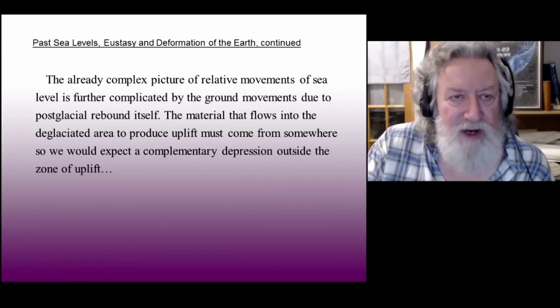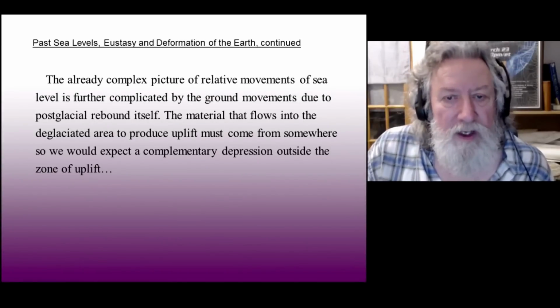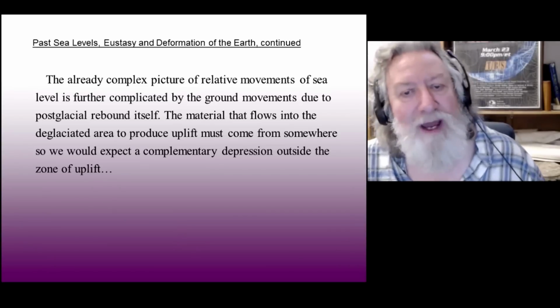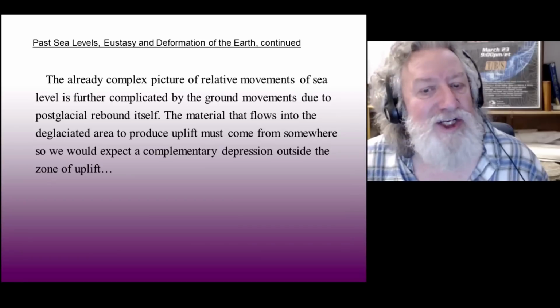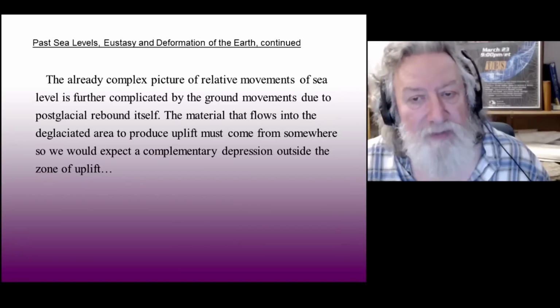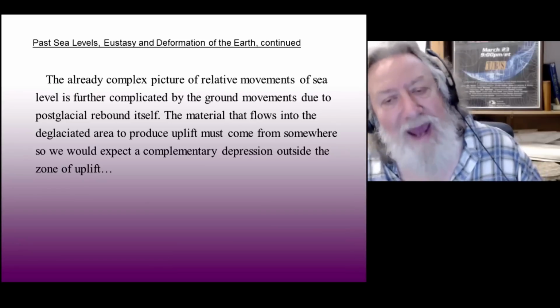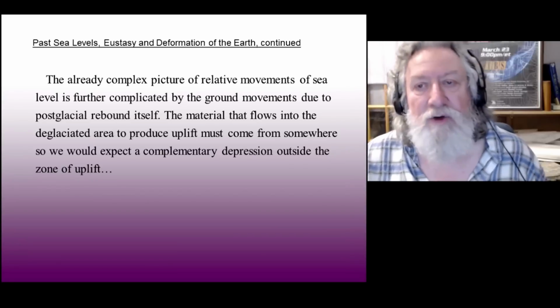So continue on here. Walcott goes on to say, the already complex picture of relative movements of sea level is further complicated by ground movements due to post-glacial rebound itself. The material that flows into the deglaciated area to produce uplift must come from somewhere. So we would expect a complementary depression outside the zone of uplift.